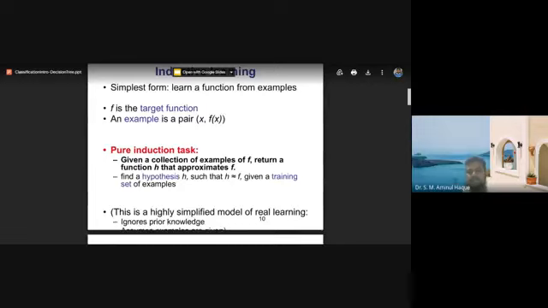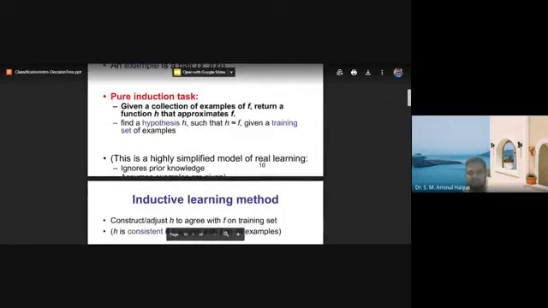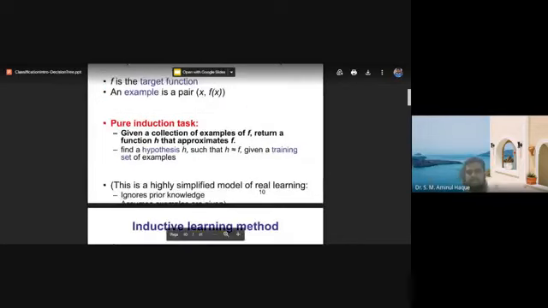If our hypothesis matches the function most of the time, then we can take that hypothesis. Otherwise, that hypothesis will not be in action for the particular training data. So we make a hypothesis.